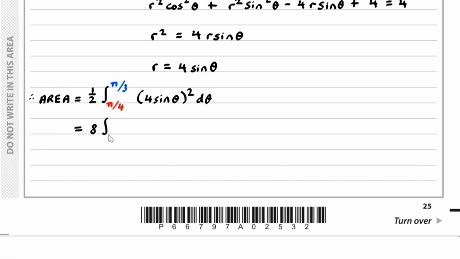So we've got 8 lots of the integral from pi over 4 to pi over 3 of sin squared theta d theta.